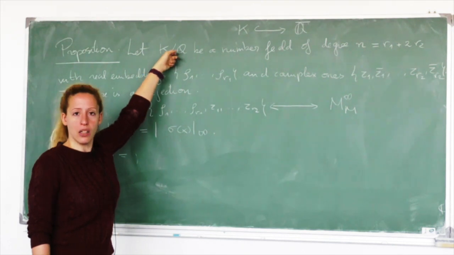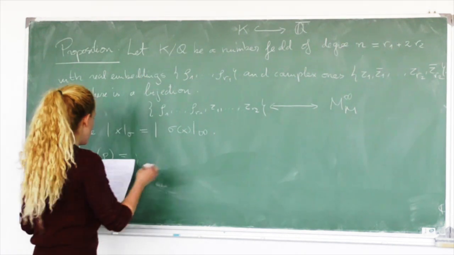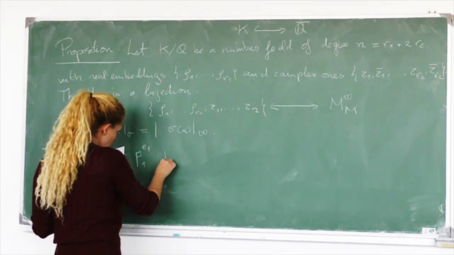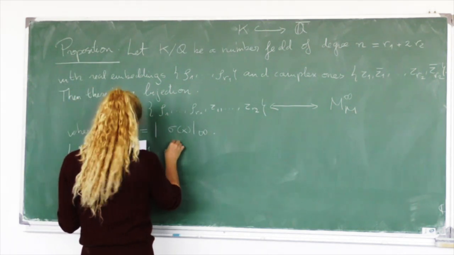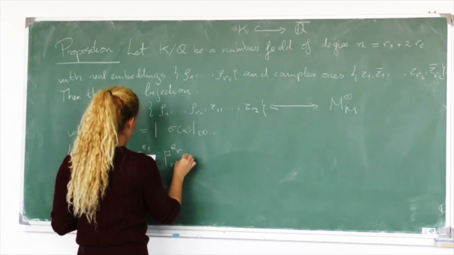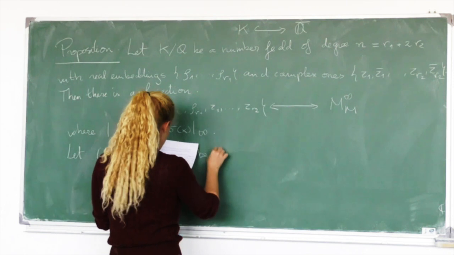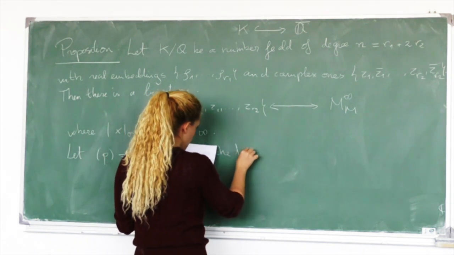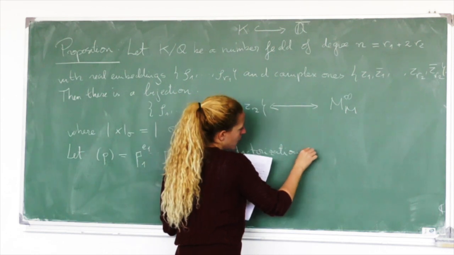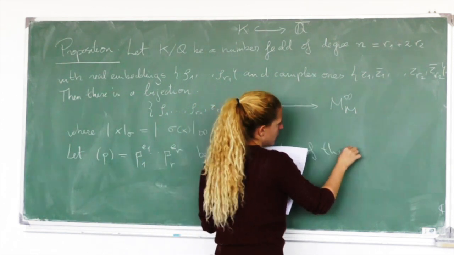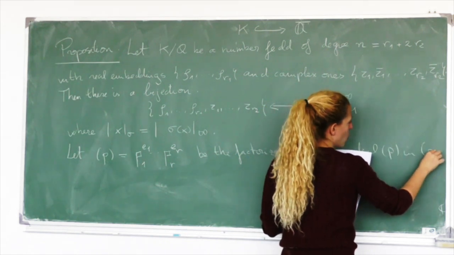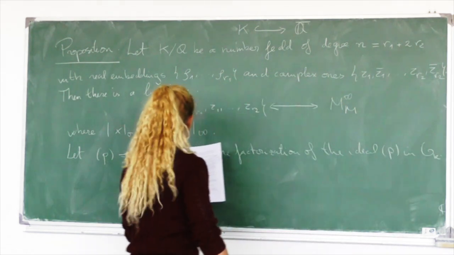I recall at the beginning what the ring of integers was. So this gives us something like this. Let this be the factorization of the ideal p in O_K, the ring of integers.